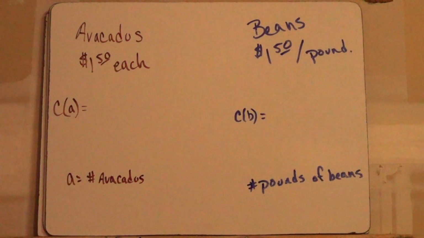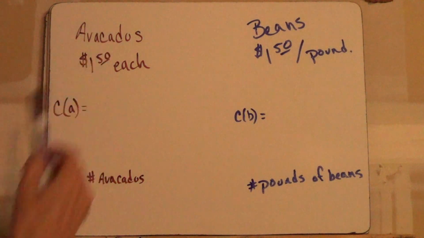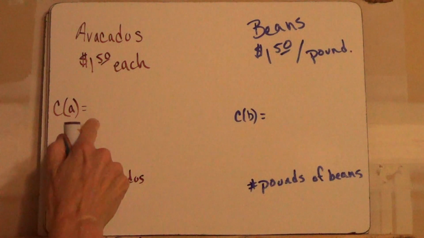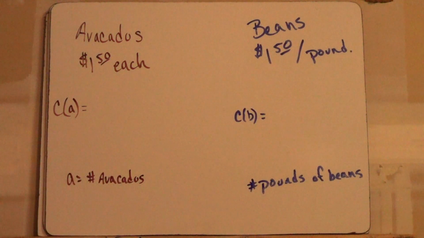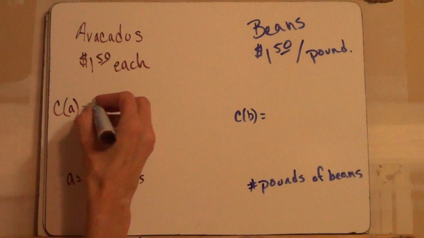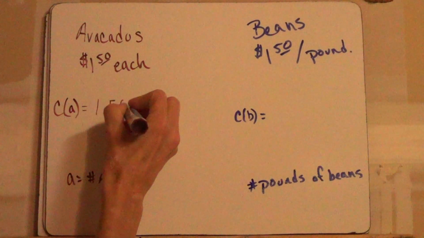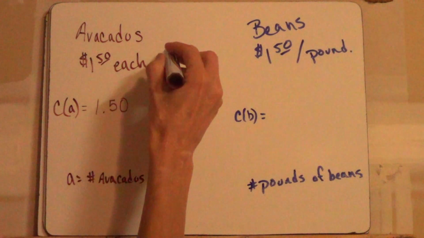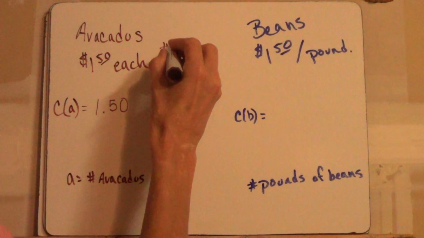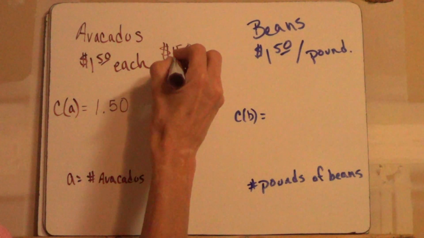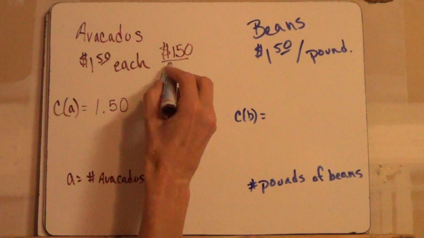Here's two different scenarios in the real world. We have avocados that are being sold $1.50 each. So if we wrote the function for avocados, we would be taking $1.50, and let's do unit analysis, $1.50 per avocado.